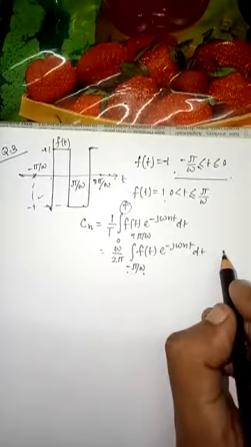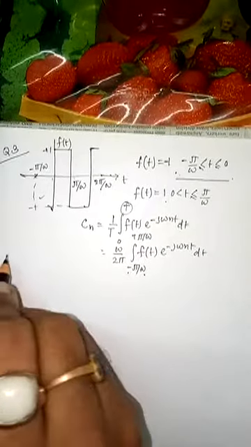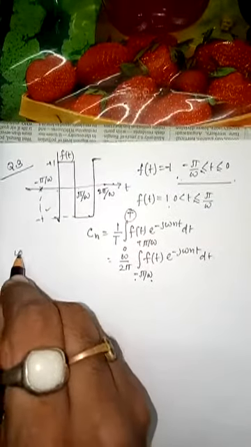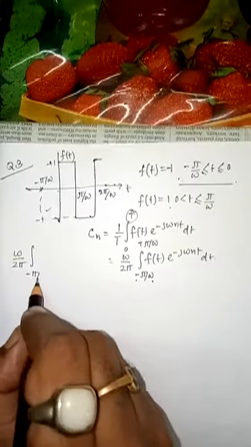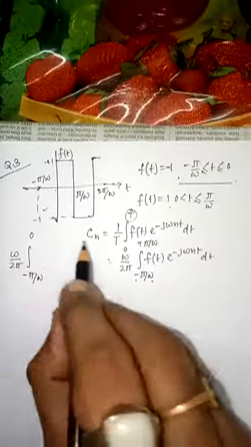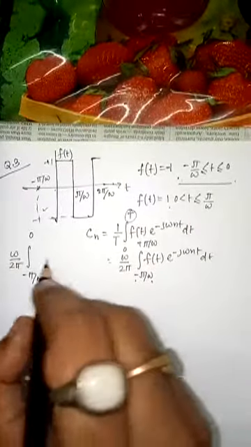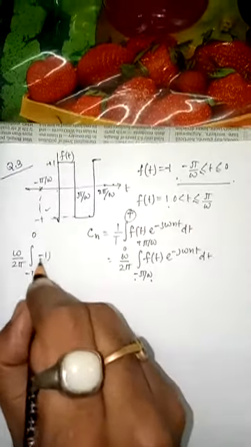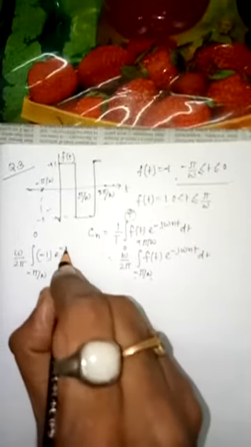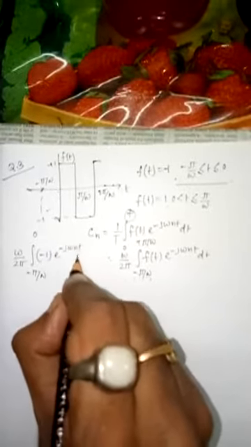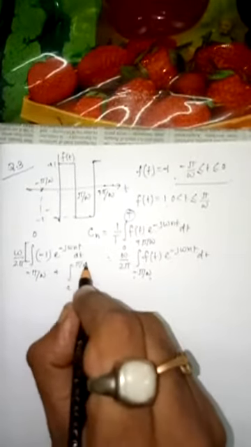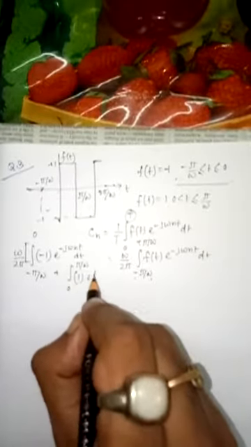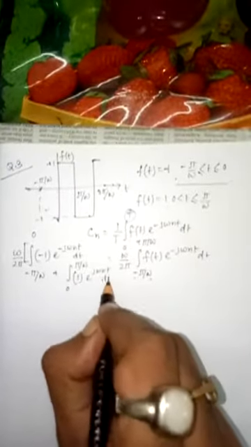So finally it can be written as omega by 2 pi, that is, minus pi by omega to 0, it is minus 1, so it is minus 1 e to the power minus j omega n t dt within a bracket, plus integration of 0 to pi by omega 1 into e to the power minus j omega n t dt.